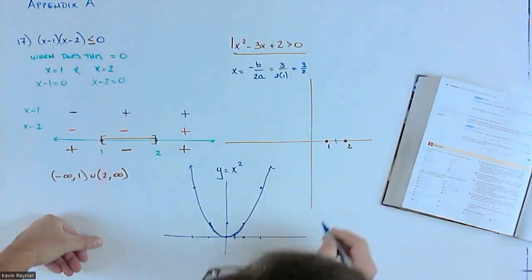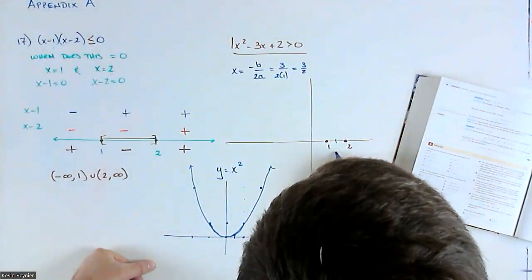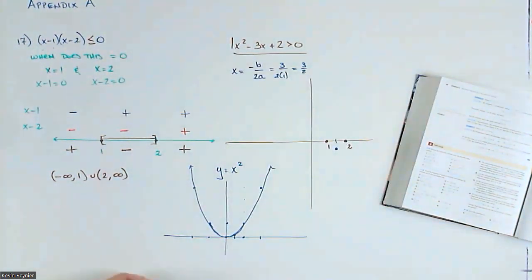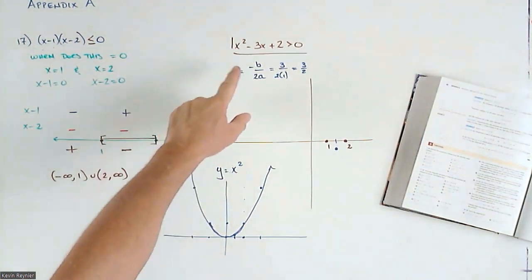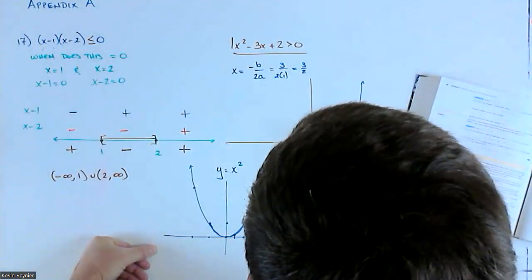Our vertex is right here, 3/2. Now we can plug 3/2 in there and figure out the y value, but we don't really need that because we know our parabola opens up. We can draw the graph of our parabola.